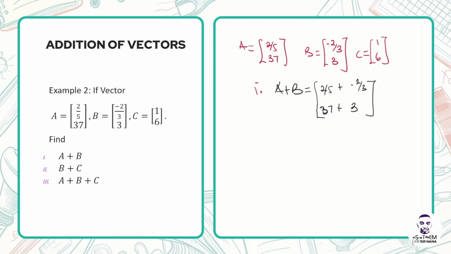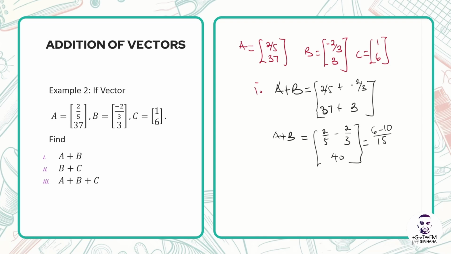So at the top we have a fraction. Our A plus B will be equal to 2/5 plus -2/3 at the top, and then down, 37 plus 3 should give us 40. When we perform the simplification here, 5 and 3 have an LCM of 15. 5 will go into 15 3 times, and 3 times 2 gives us 6. Then 3 will go into 15 5 times, and 5 times 2 gives us 10.